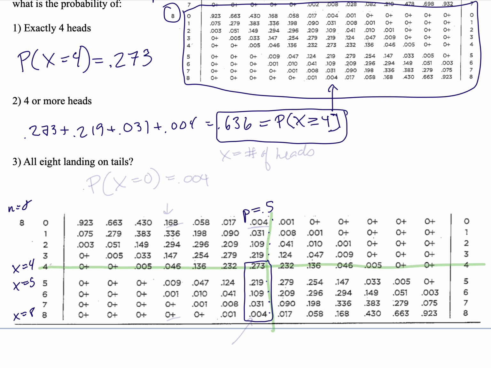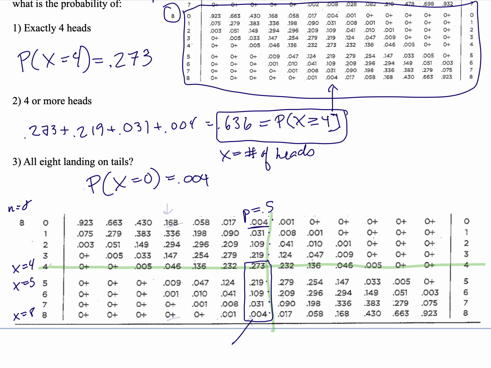And finally, the probability of all 8 landing on tails. We had been considering x as the number of heads. So if we continue with that frame of mind, then we're looking for the probability that x is equal to 0. So the probability of no heads would be 0.004.